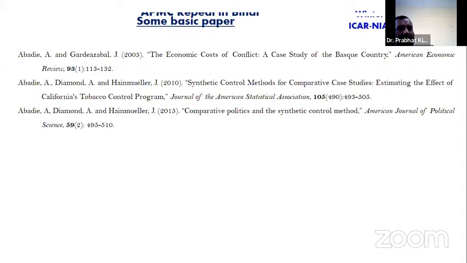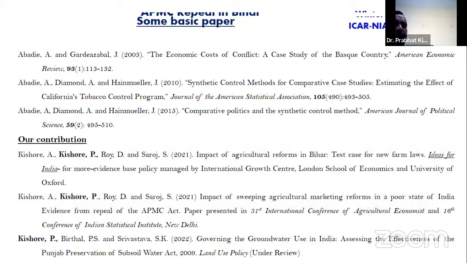For doing some assessment with this method, we have presented in some conferences, and some papers have been sent to some journals, and we are expecting results. So this is from my side for the lecture and for briefing you about this methodology, but I will be doing some practical if you are interested in that part.